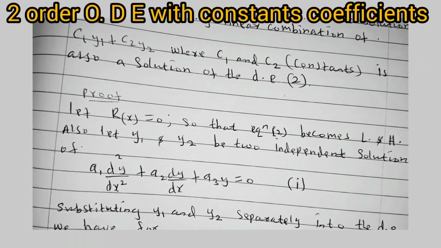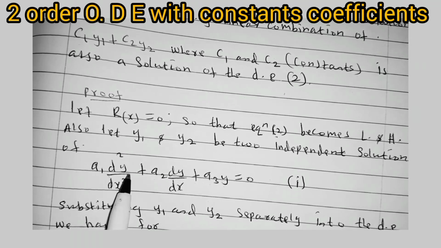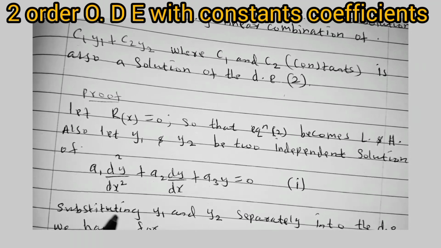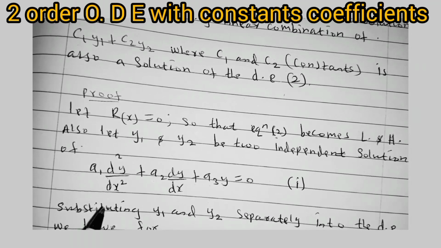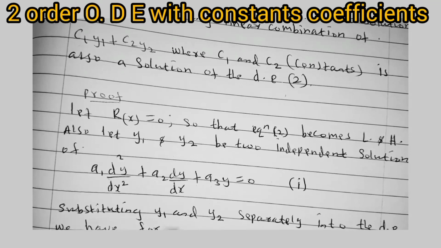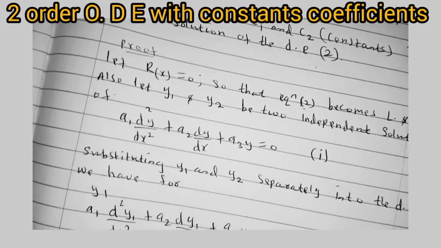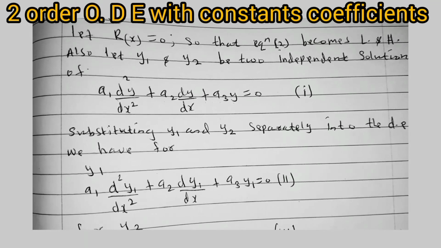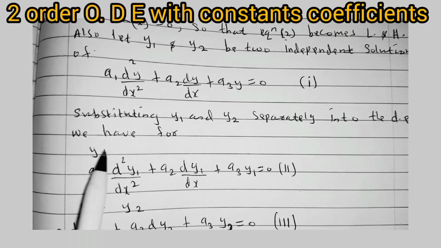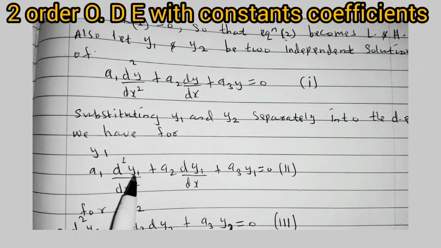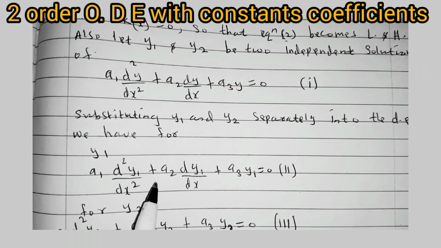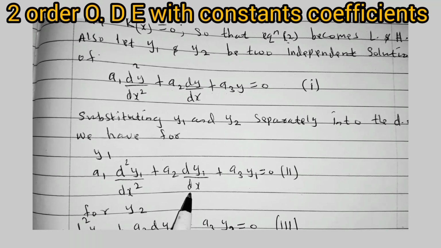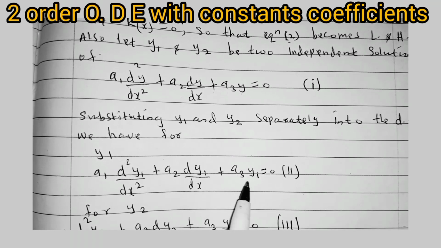Where you have y, general y, we substitute it with y1, that is number 1. Then number 2, where you have y, you substitute it with y2 to obtain the following. After substituting y1, you obtain A1 d²y1/dx² + A2 dy1/dx + A3 y1 = 0.